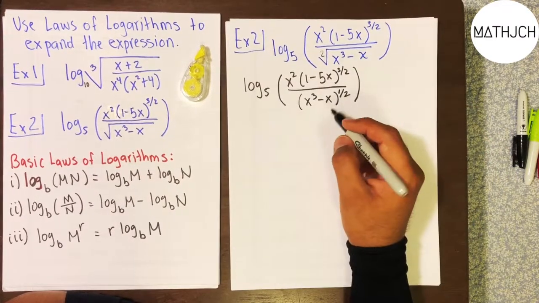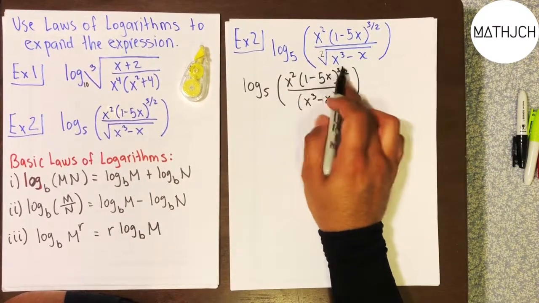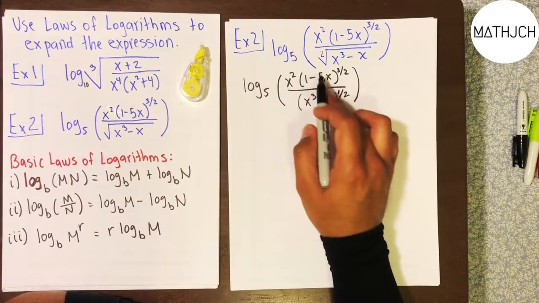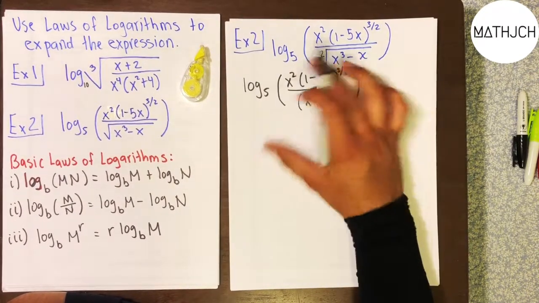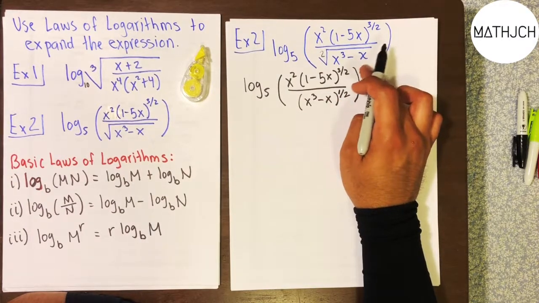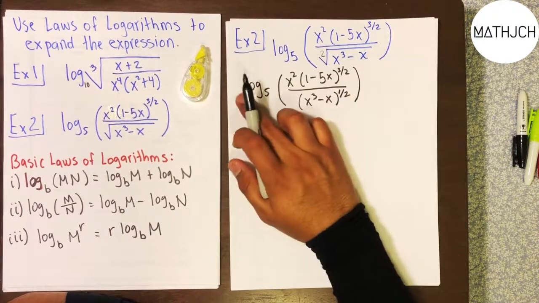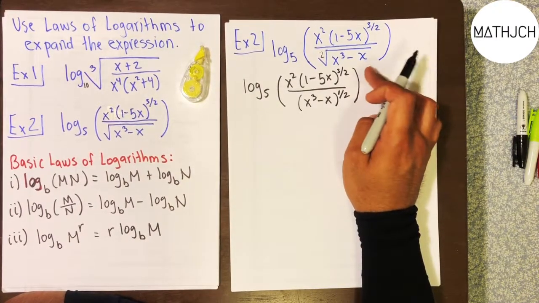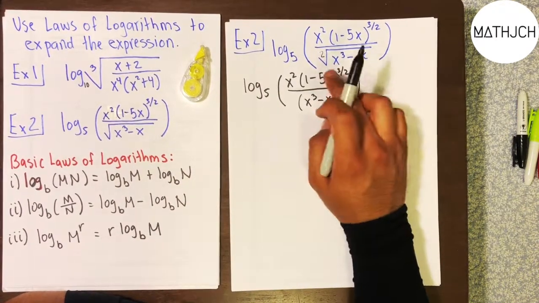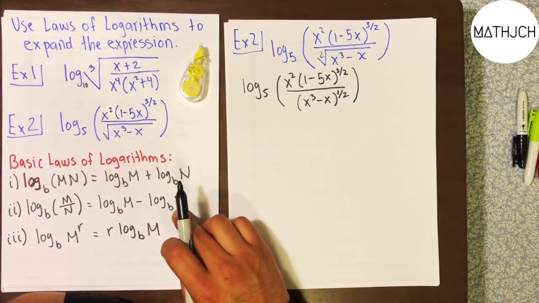So let's do that. It's going to be the numerator minus the denominator. And also notice that we don't have a power outside of everything here, right? So we cannot bring a power into here because there's no power, automatically it's 1, but 1 does not really count in this case. So we're going to go straight to applying the second law.